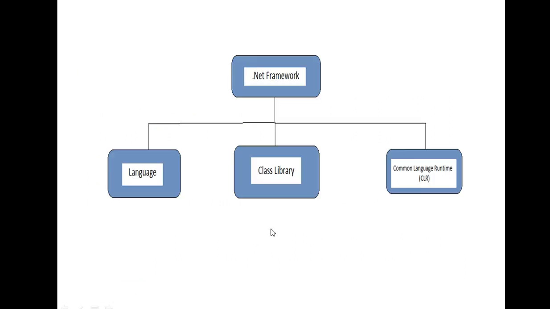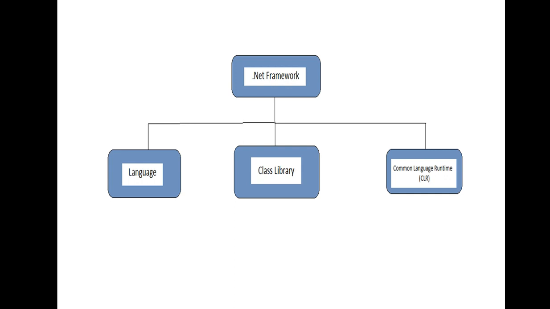Okay, I have a small diagram. Here you can see there are three different levels in the .NET framework. First is language, then class library, and then common language runtime.